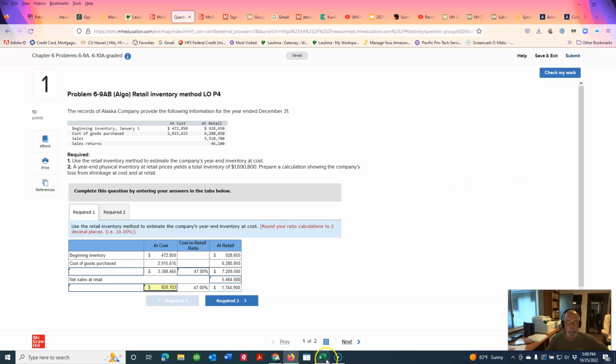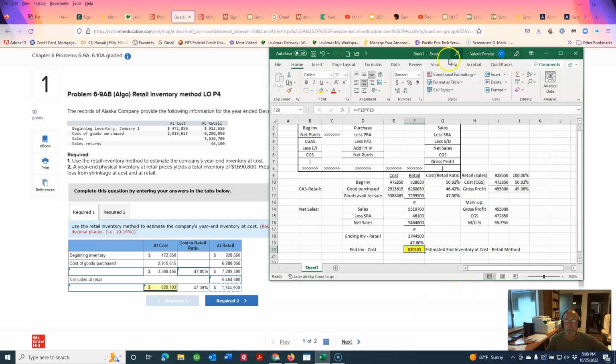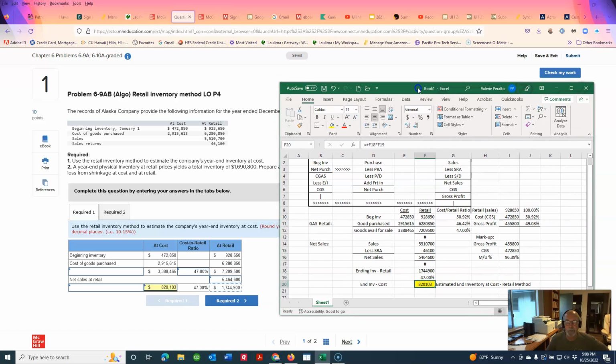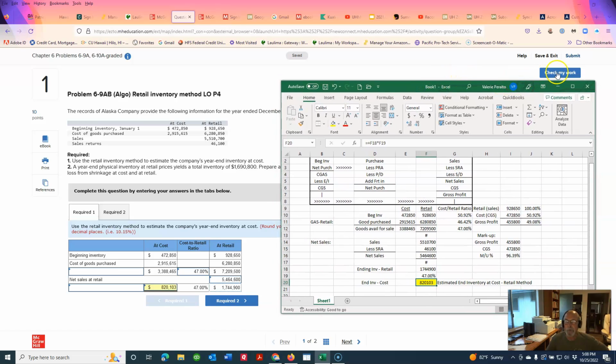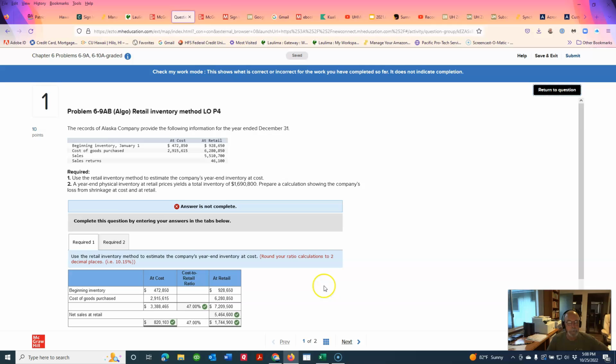And then it becomes imperative that we check our work, and we cross our fingers, and there we are, our numbers are correct.